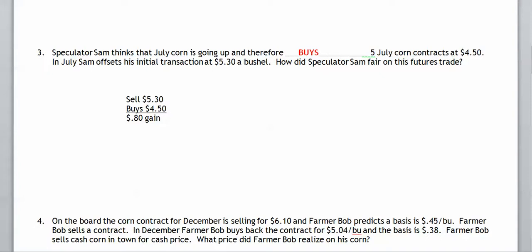This person probably did not even plant corn. Might not even know what corn looks like. But they made 80 cents a bushel because they bought at $4.50, and they turned around later and sold it at $5.30.